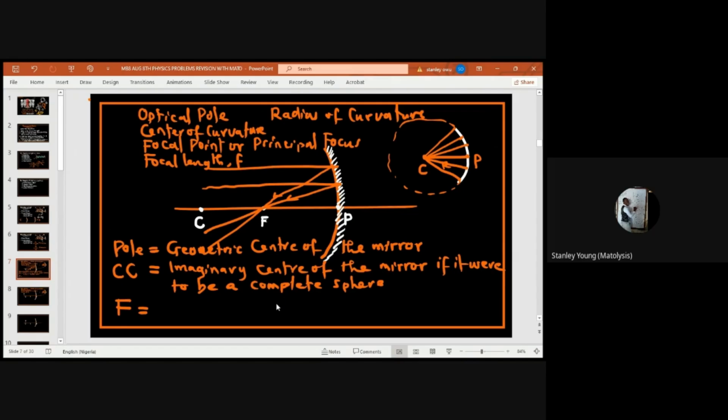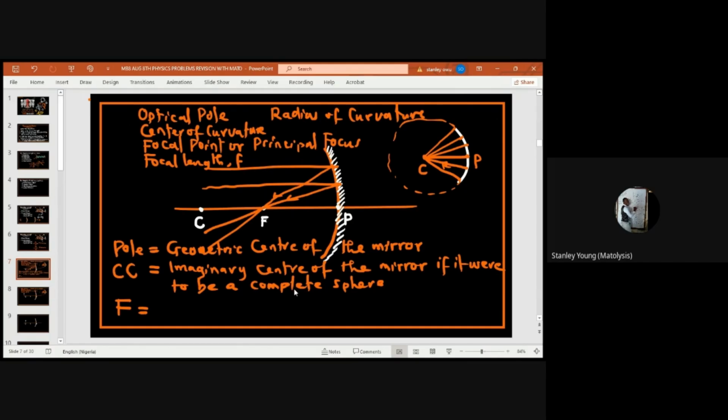If the question is more specific, like define the principal focus of a concave mirror, because you know that a concave mirror converges, you need to be specific about the definition. This is how I would have defined it. The principal focus of a concave mirror is a point on the principal axis where all rays close and parallel to the principal axis converge to after reflection.